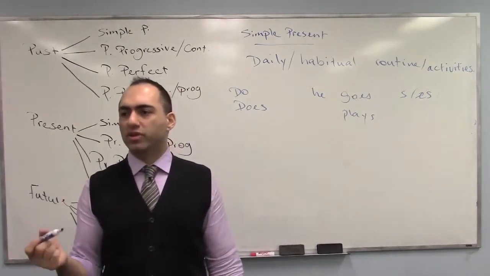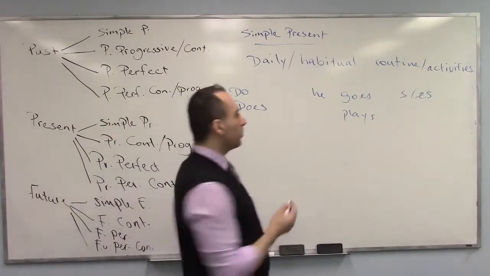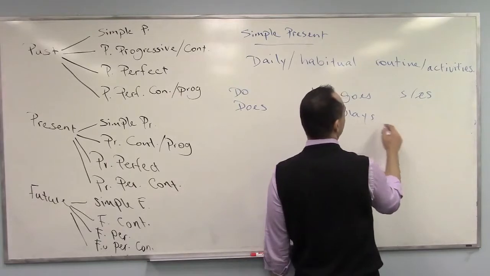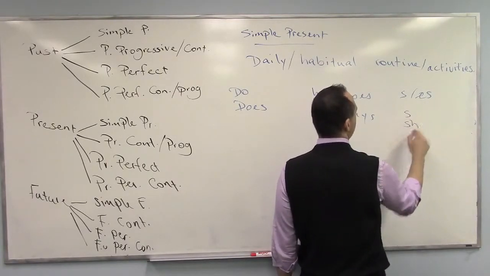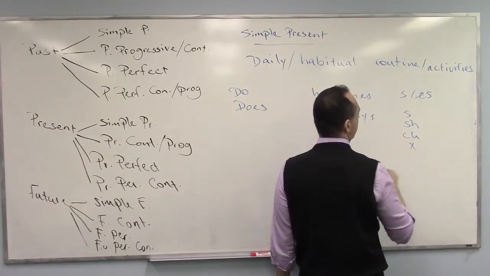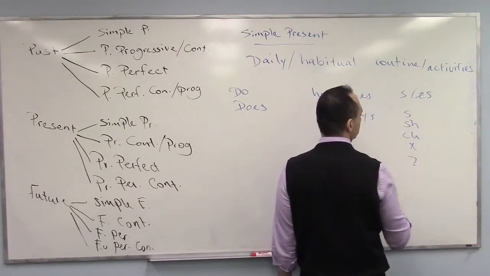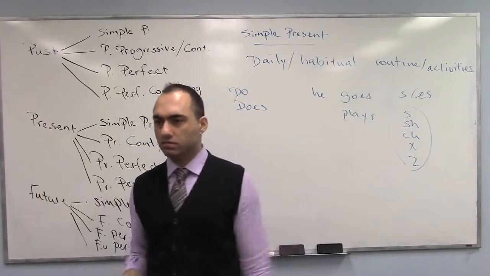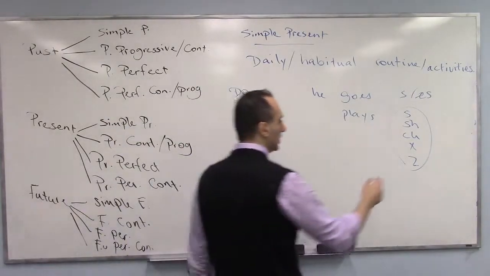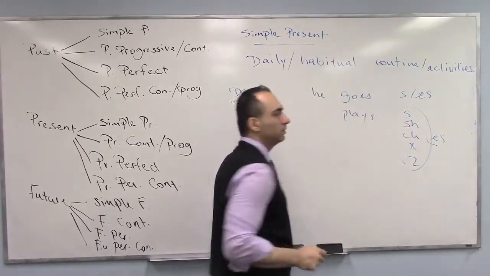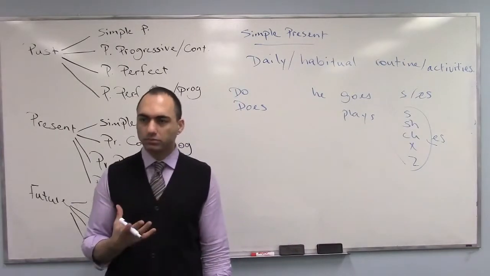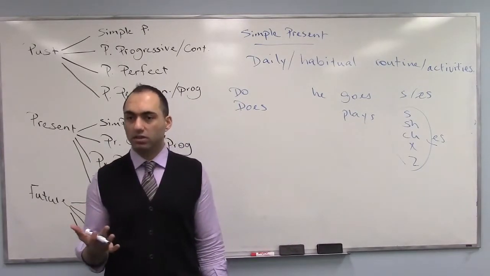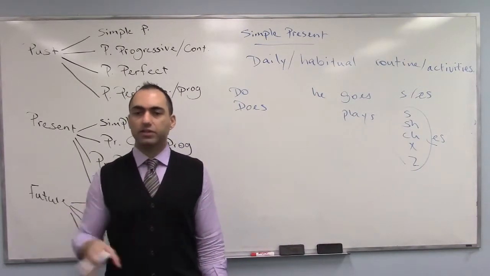You should always remember that as a general rule, whenever we have a word ending in S, SH, CH, X, or Z, we add ES. It's a general rule, if you're adding S or ES. If it's not regular, that's a different story.